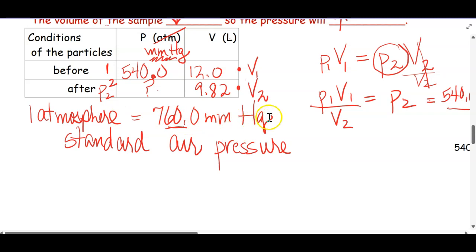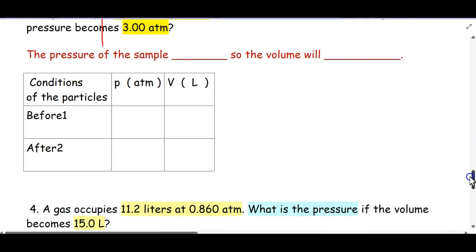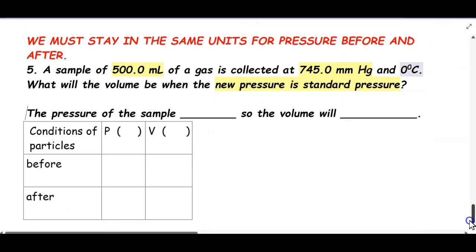Remember that the pressure we're talking about now is in millimeters of mercury, so we want 760.0 millimeters of mercury. That's standard pressure.